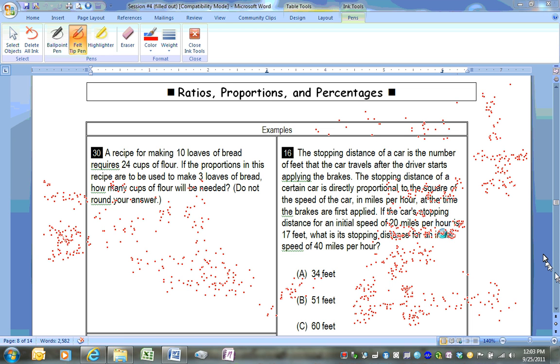If you forgot to square, you would get 34, and then you would have been misled to picking A. So just be careful. You read all the words. That's, I think, the key thing that I want to say here.